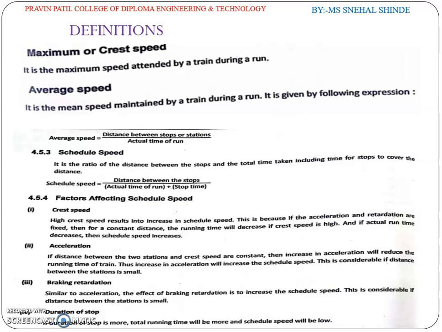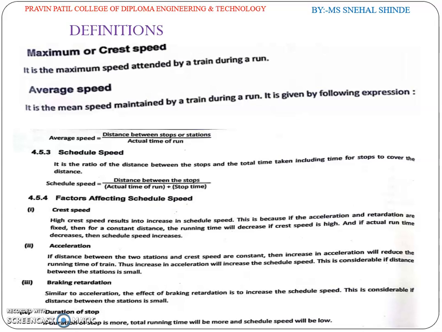Average speed is the mean speed maintained by a train during a run, and it is given by the following expression: average speed equals the distance between stops or stations divided by the actual time of the run.